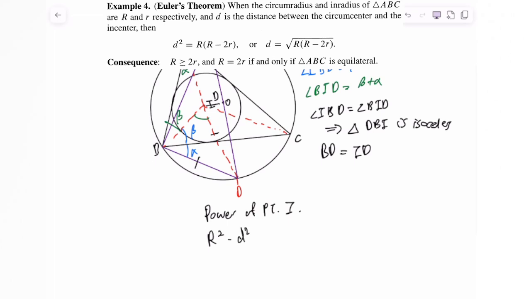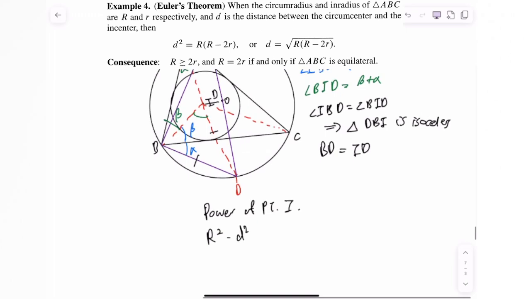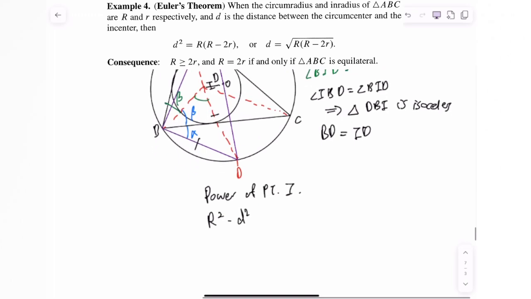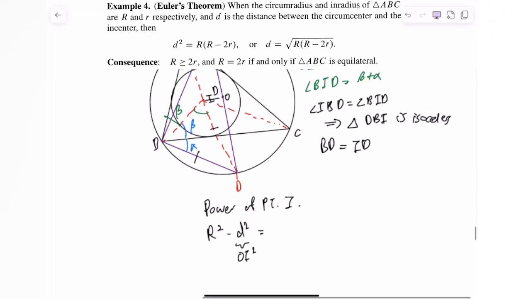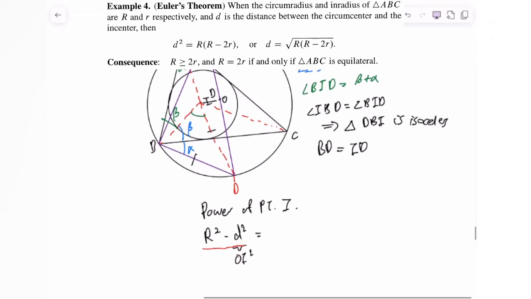Since d is the distance between O and I, this is supposed to be OI squared, but we just use d squared. First of all, you need to know that this is a way to express the power of point I with respect to the bigger outer circle.